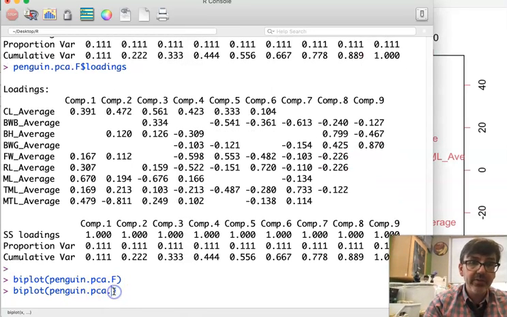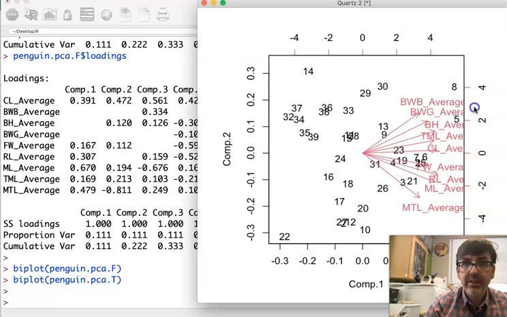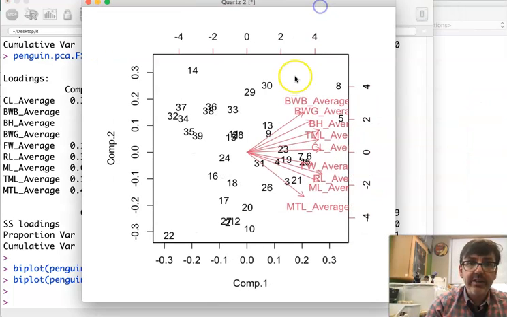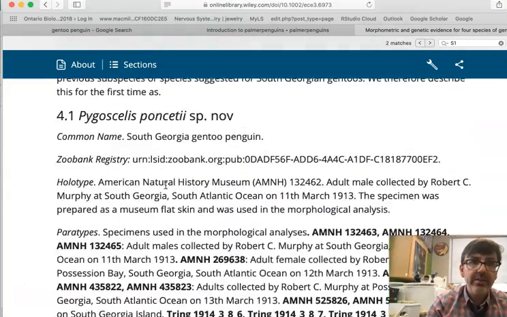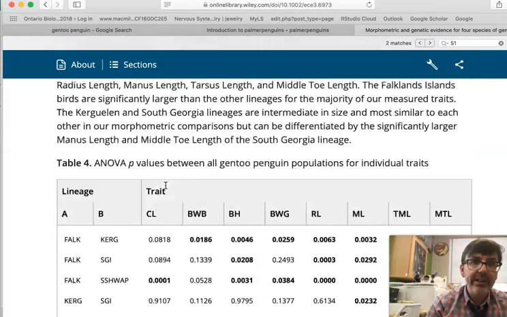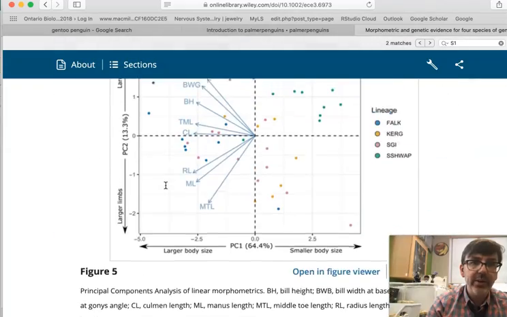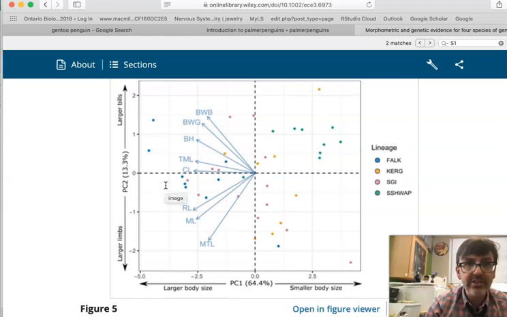Now, I'm going to show you the biplot for the true one. And you can see that in that first component, they were all roughly in the same sort of direction. Now, I'm going to compare that to the figure in here, which is a little bit easier for us to do. They've obviously done a little bit more work to make this look nice.